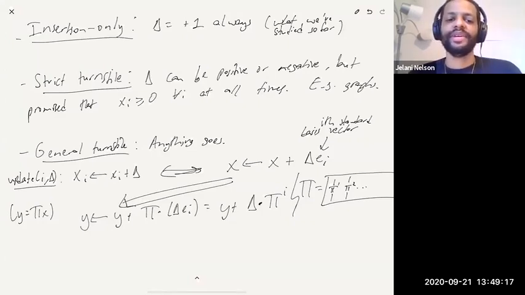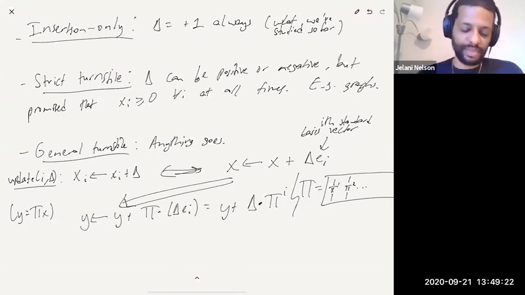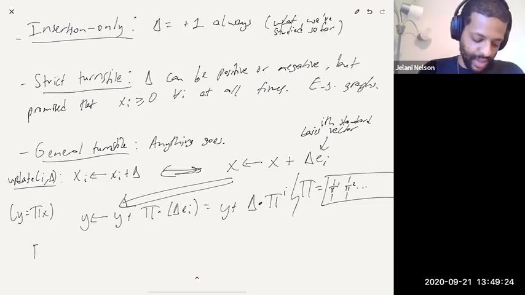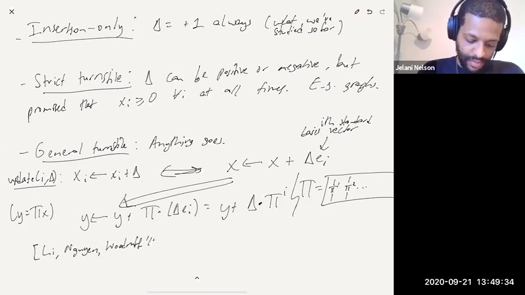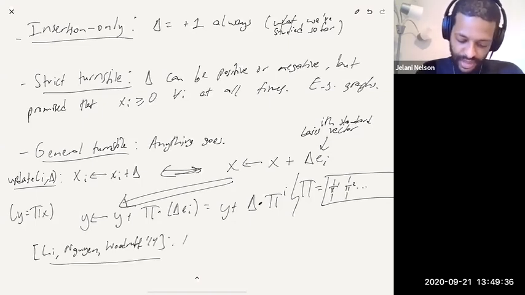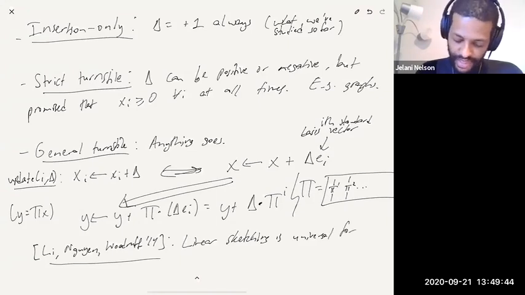And it wasn't clear whether that was just a coincidence, but in fact, there was a paper in 2014 by Yi Li, Huy Nguyen, and David Woodruff that said that basically linear sketching is universal for turnstile streaming.